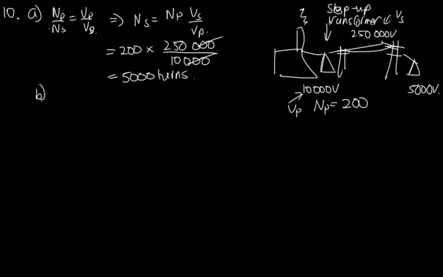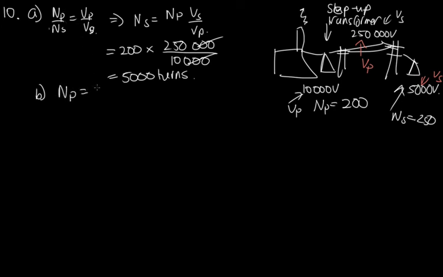Now in part B, we're asked if the secondary coil in the step-down transformer, so here NS is equal to 250 turns, how many are there in the primary coil? Now in this case, this is our primary voltage and this is our secondary voltage. So we need to get NP.